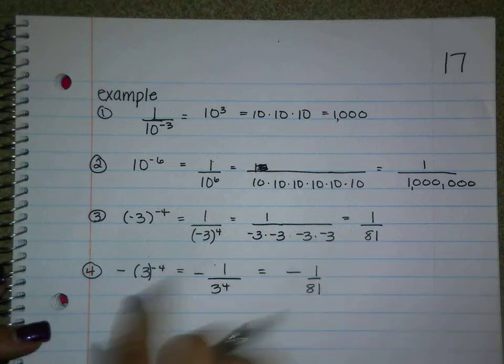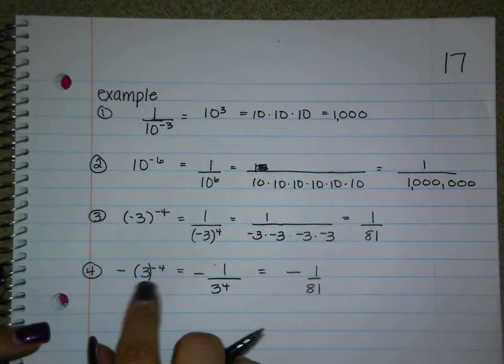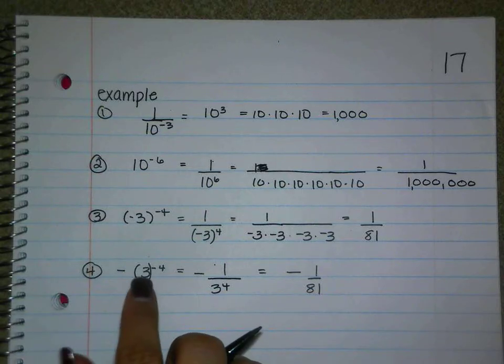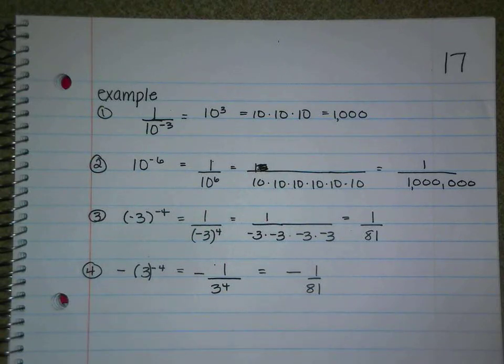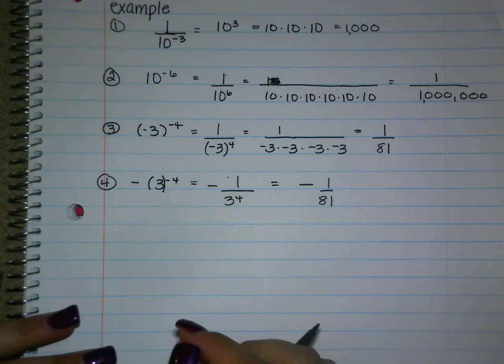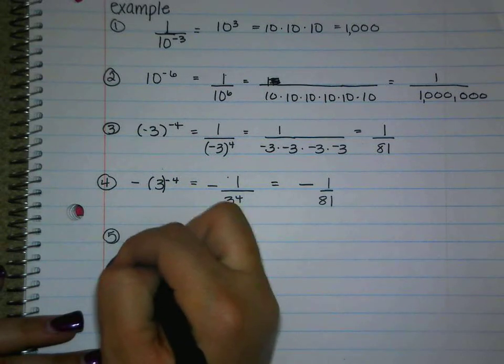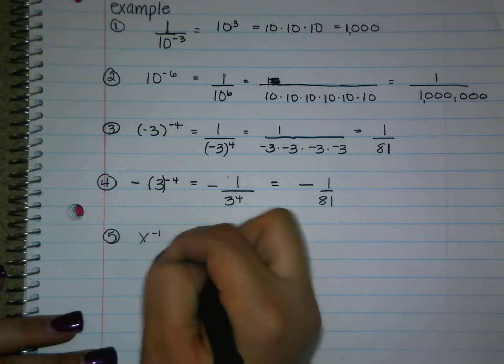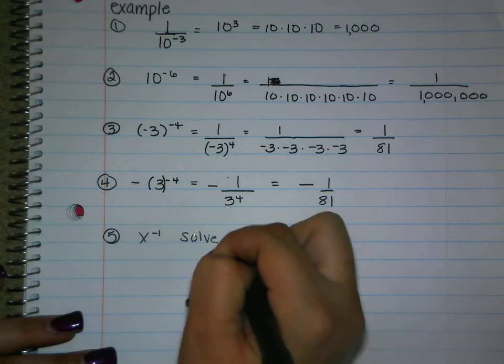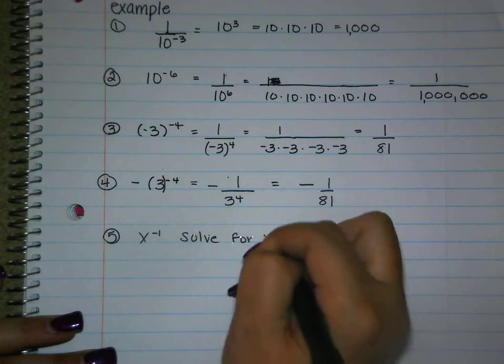So you've got to be careful where the parentheses are. Remember that the exponent is only attached to whatever it's touching. Whatever's out here, it's not necessarily attached to, okay? So let's try another one. For number 5, we have x to the -1, and we're going to solve it for x equals 2.